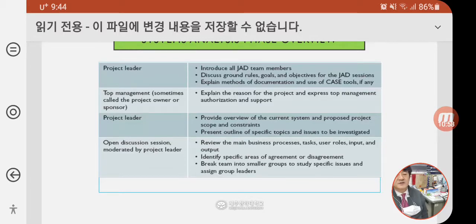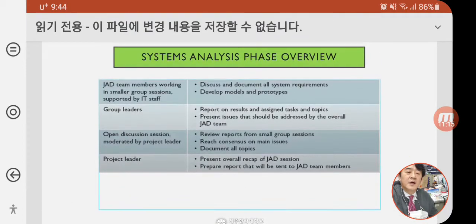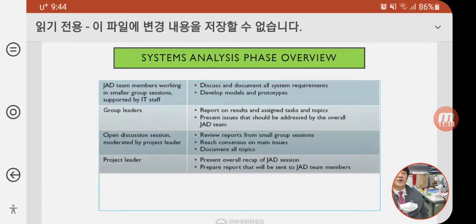JAD team members work in smaller group sessions to discuss and document all system requirements. Group leaders report on results and assign tasks and topics. A group leader presents issues that should be addressed by the overall JAD team.